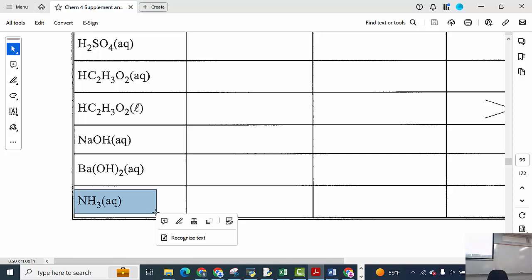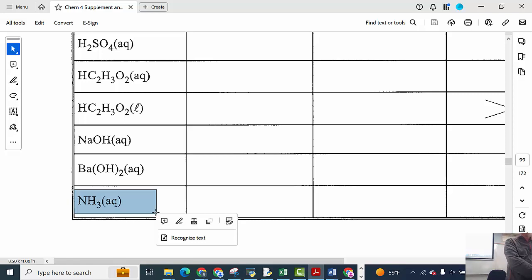Well, sugar dissolves in water. Sugar dissolved in water, but did it light up the light bulb? No. Ammonia dissolves in water, but it lights up the light bulb. Why does ammonia light up the light bulb? Because ammonia doesn't have any charge. Ammonia has no charge.